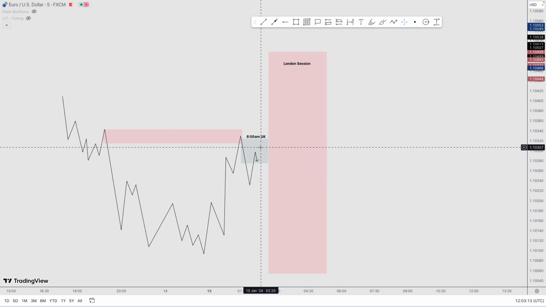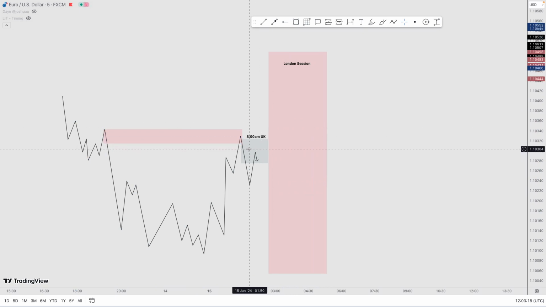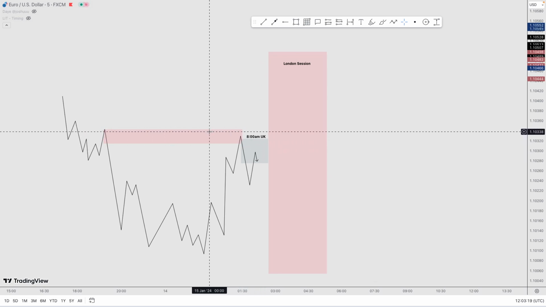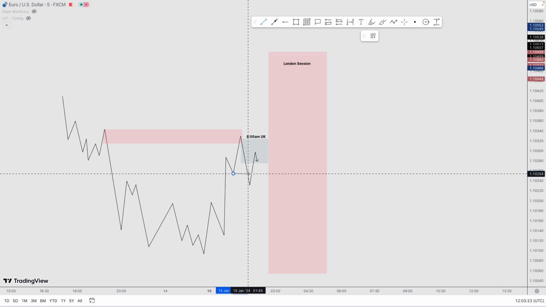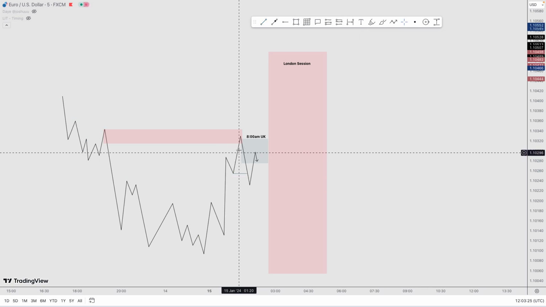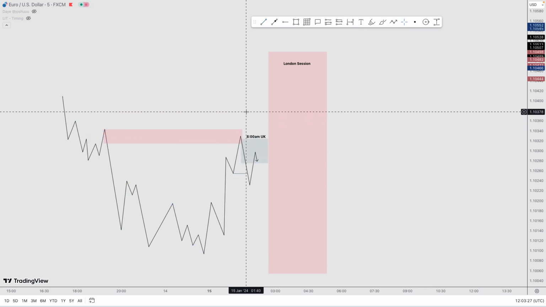So at 8 o'clock we know volume's going to kick in, but it's not going to kick in until the entry's been made. So it's whether or not you find the entry. Let's say on a good day it's quite clear, yeah? We're very confident that we're going to continue to the downside. We've broken structure, we've come up, we've tapped into supply.